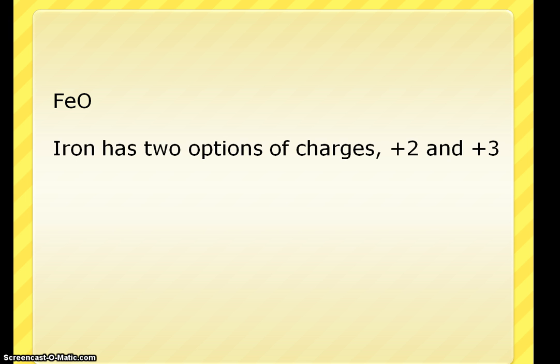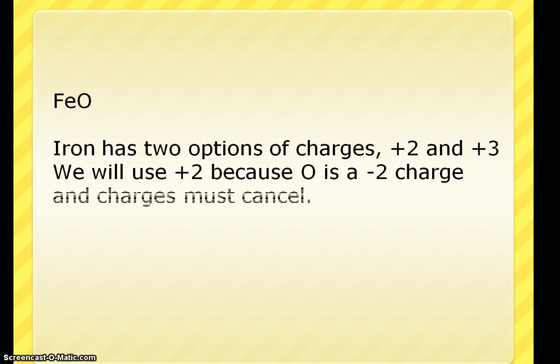So FeO. Fe is iron, and iron is one of our transition metals. So iron has 2 possible charges that it can have, a +2 or a +3. And how do we pick? Well, we're actually going to look at the charge of oxygen. Oxygen has a -2 charge, and since we know that ionic bonds have to be electrically neutral, so the positives and negatives have to cancel, we're going to pick the charge for iron that's going to match oxygen's charge.